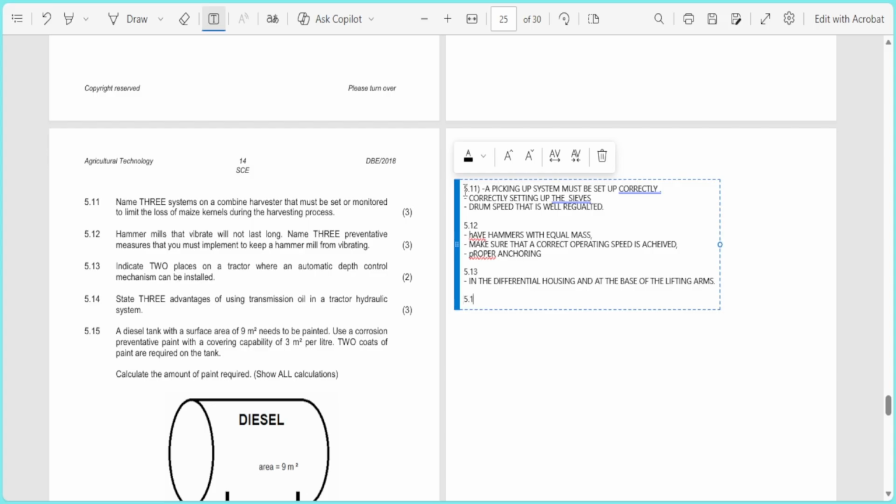Then 5.14, state 3 advantages of using transmission oil in a tractor hydraulic system. So okay, there is good cooling qualities.